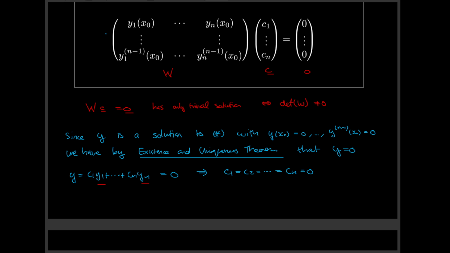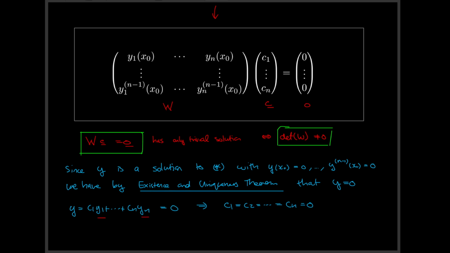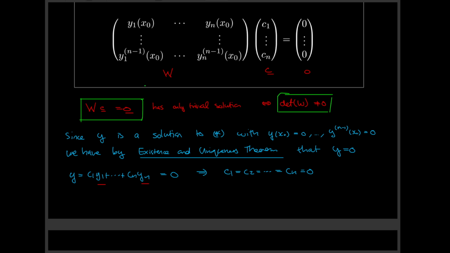Which is to say that this linear system has only the trivial solution. And that is exactly the same thing as saying the determinant is non-zero, which is exactly the same thing as saying the Wronskian is non-zero.